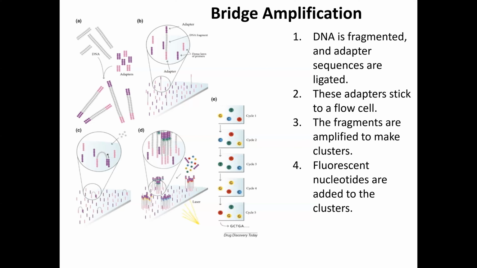So even though we add the whole pool, the whole set of 4, you're only able to add the one that you need at that time because it's terminating. Then once you've recorded that information, you reverse that property, you can now add to it again, so your next nucleotide will be added.